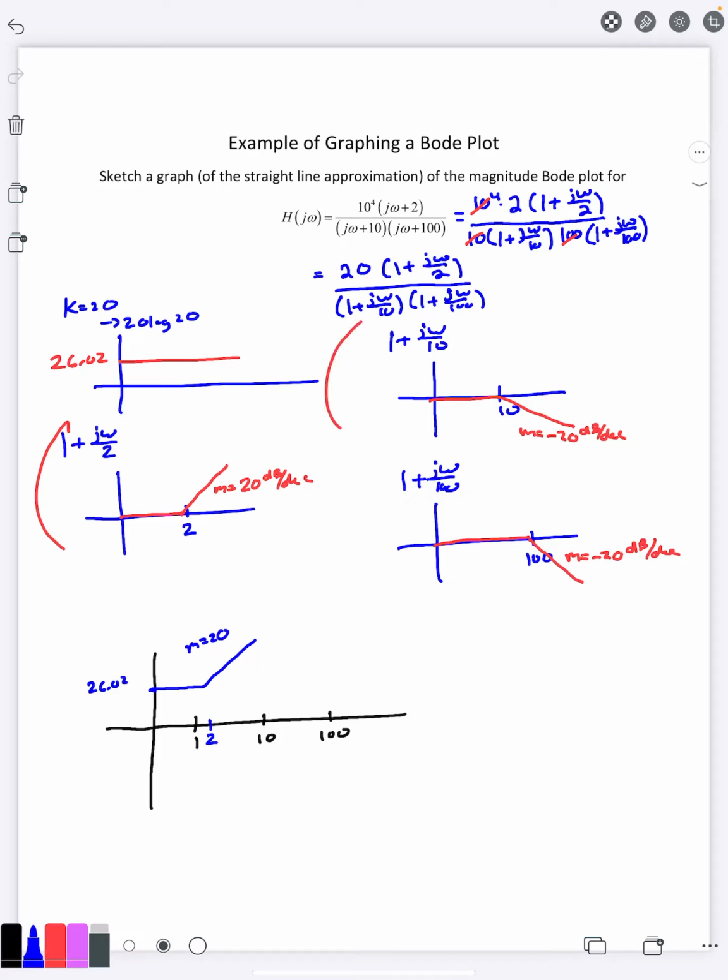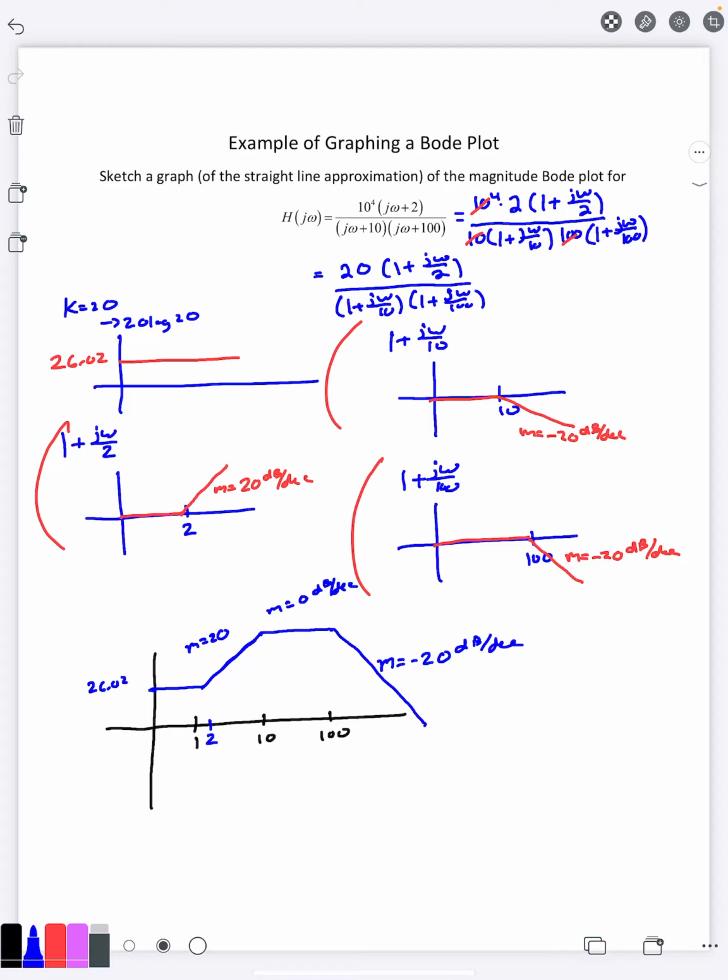Since our slope was previously positive 20, it's now going to be a slope of 0. And then when we reach the last break frequency of 100, we can go ahead and say it's going to add an additional negative 20 to our slope, and it's going to look something like this, with our slope of negative 20 decibels per decade.